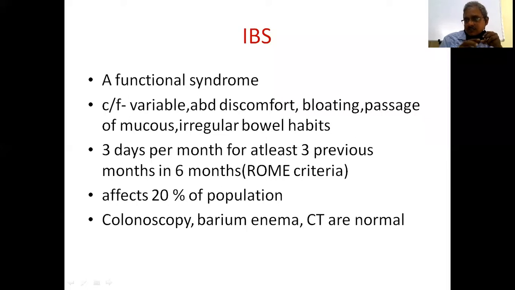A J pouch is a pouch created in the terminal ileum when you are planning an ileorectal or ileoanal anastomosis, especially in Crohn's disease rather than malignancy. And individuals with very poor internal or external anal sphincter. These are the candidates he selected, but bearing certain contraindications.